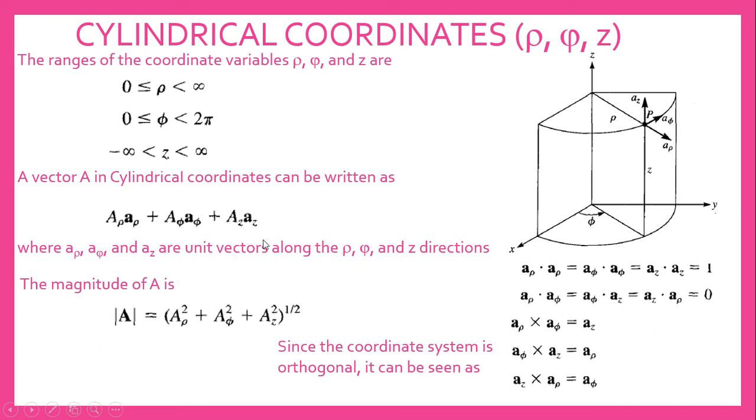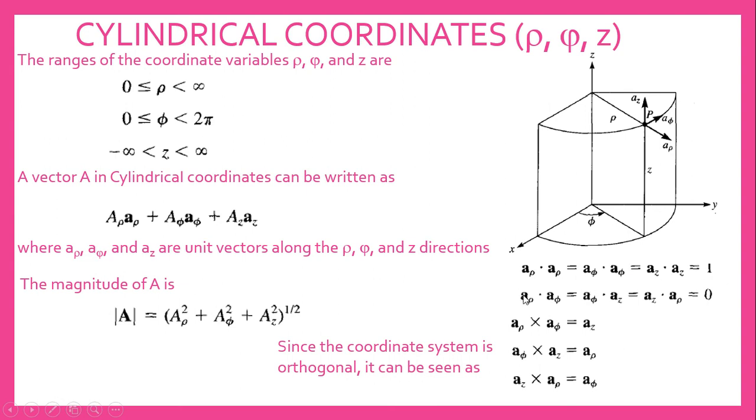As it is an orthogonal system, the angle between the rho axis and phi axis will be 90 degrees, phi and z will be 90 degrees, and z and rho will be 90 degrees. So we can apply this condition to the dot product and cross product. For the dot product, a rho dot a rho, a phi dot a phi, and a z dot a z, all these dot products will be equal to 1.